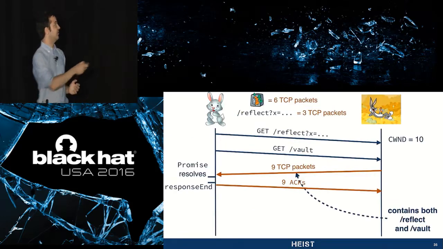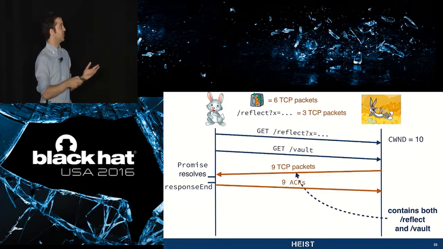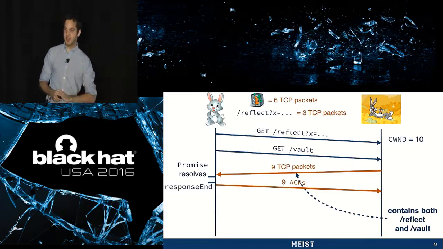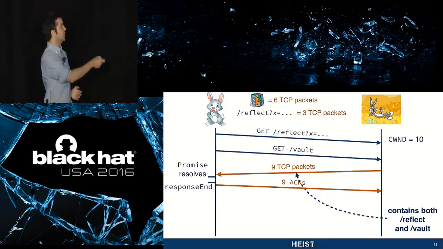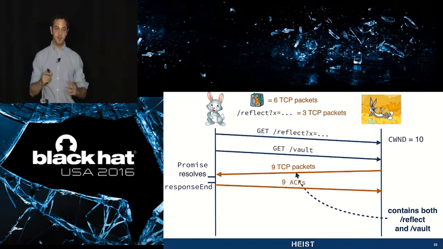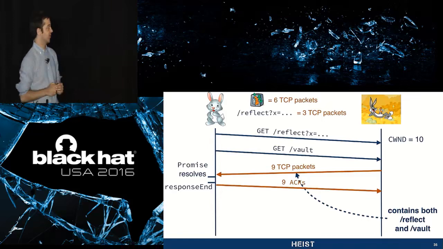Let's say we again have our victim here on our server, and we want to determine the size of the vault. In this example, it's going to be 6 TCP packets. And we have an unrelated resource which is also hosted on the same website, which we call Reflect. And here in my example, I'm going to assume that if we load this resource, it will be sent using 3 TCP windows.